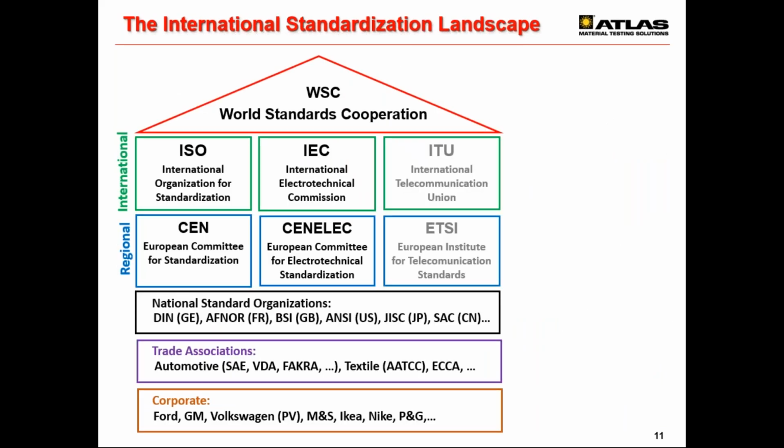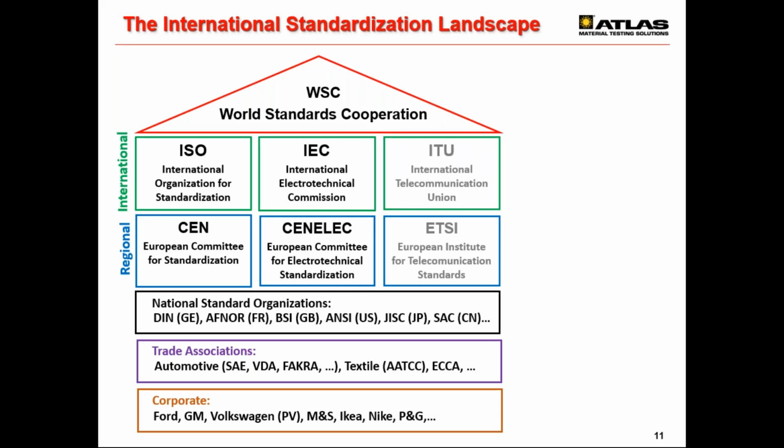The landscape in international standardization may appear to be complex, but it's actually very structured. The global direction is typically provided, in this diagram that I have, from the top down. The global direction is linked through trade regulations through the United Nations. International standards development organizations, such as ISO and IEC, are tasked to develop international standards.